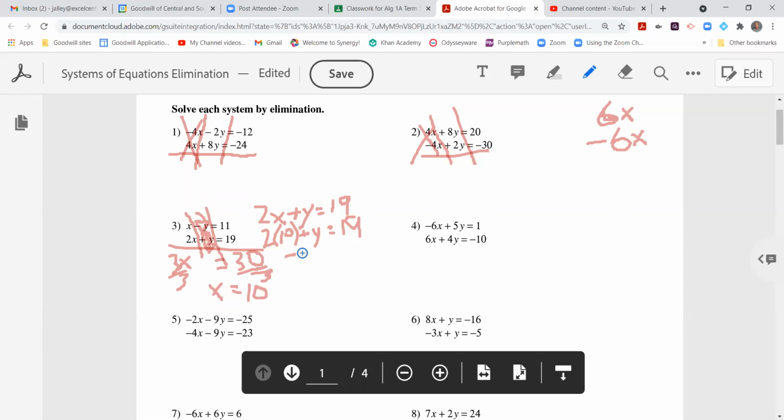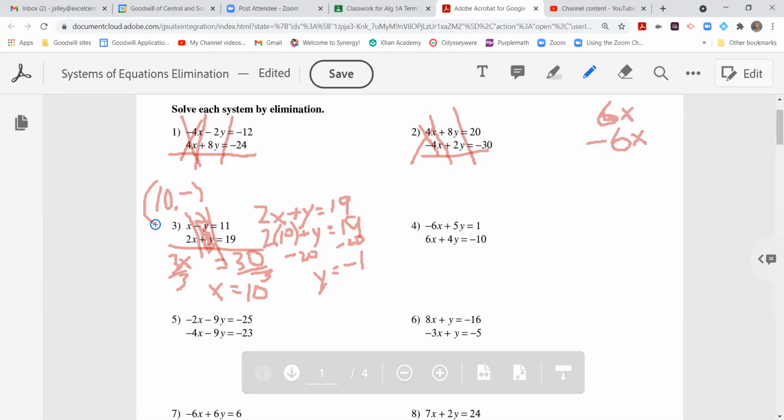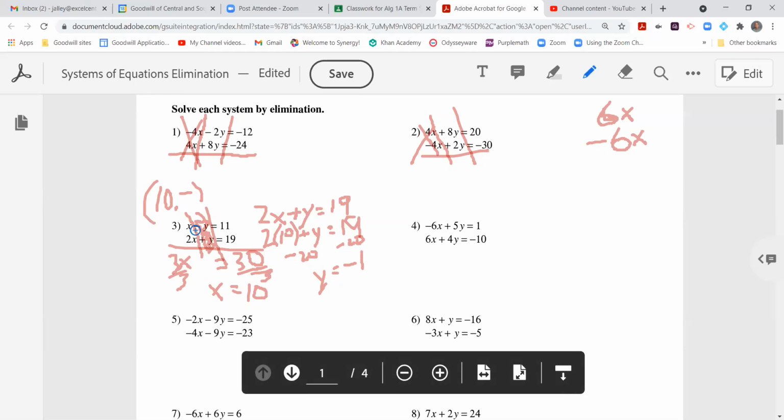So I'm going to subtract 20. Y equals -1. So our actual solution for that particular one is the point 10, -1. That's where those two lines would cross. And it works in the other one too. If I put in the 10 for X and say 10 minus a -1, well, that's the same as 10 plus 1. That equals 11.